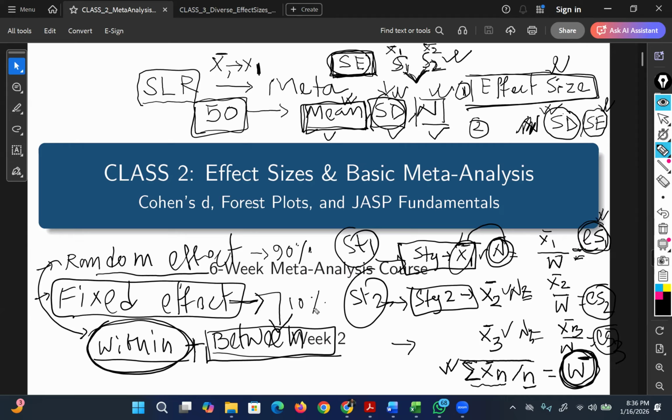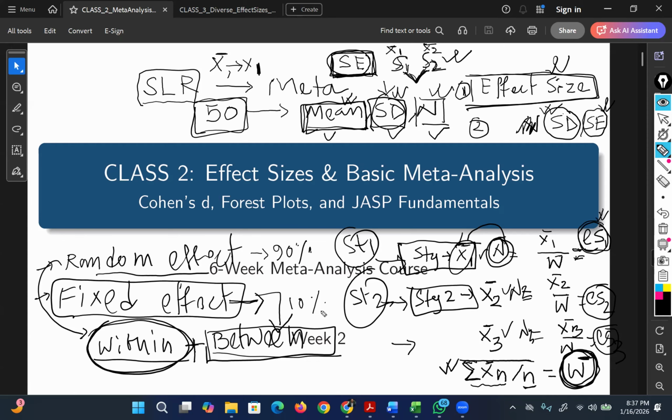Usually a single group study prefers a fixed effect method, because in a single group study there is only one group in each of the studies reporting, so there is not much variation within the study. It is better to focus on the between-study variation, so the fixed effect model is more preferable.